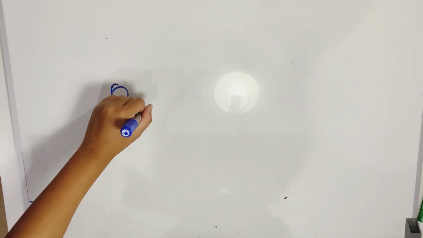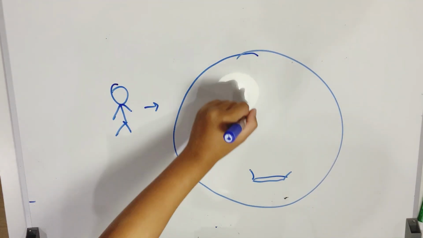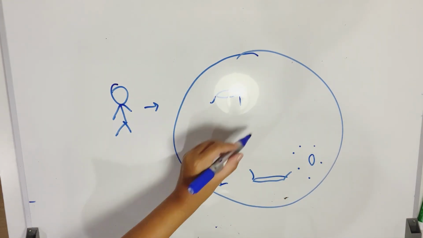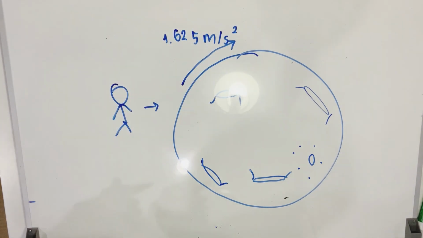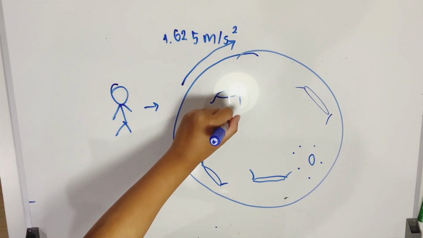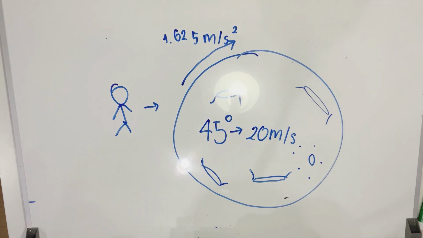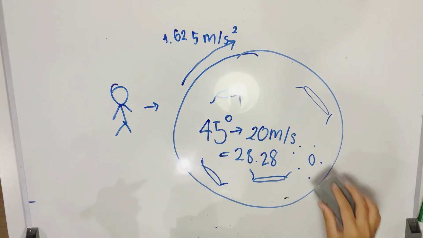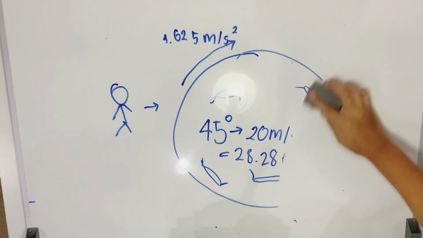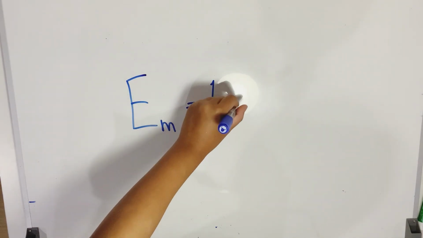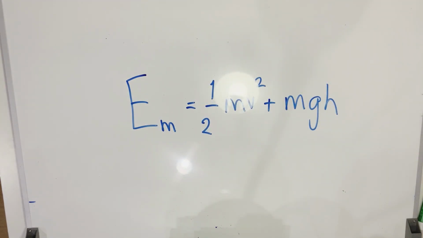Let's look at this example. Kyle decides to go golfing on the moon, with an acceleration due to gravity of 1.625 meters per second squared. The ball leaves the club at 45 degrees, going 20 miles per second horizontally and vertically, with a total velocity of 28.28 miles per second. How high did it go? First of all, we must apply the principle of conservation of mechanical energy so we can solve for the height h, and we note that the mass cancels out.